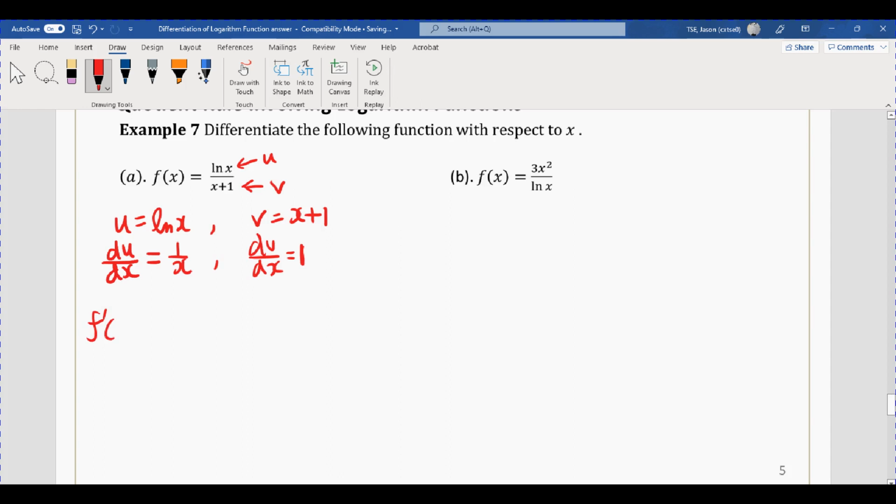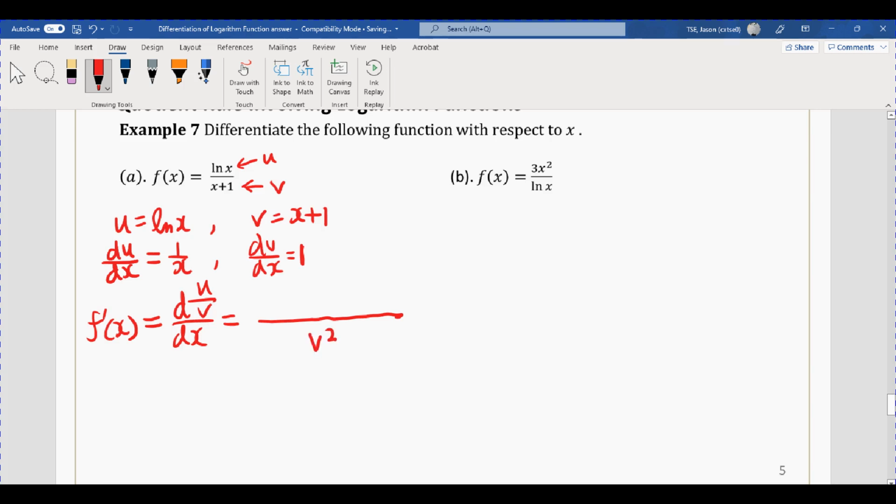So the whole thing about differentiation of f(x) is to differentiate u over v. What would be the quotient rule? Again, 10 seconds for you to write your own quotient rule right here. Okay, 5, 4, 3, 2, 1. Oh, good.